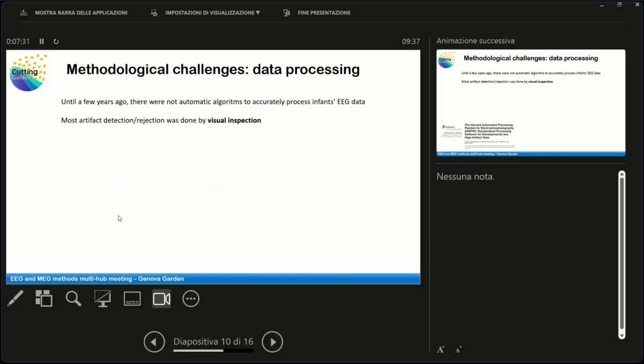Then the third and last challenge. These are not all the challenges that we have. We have a lot, but I decided to focus on them because we are going to see some of these challenges today. But to address all the challenges, we would need 10 sessions, not just one.